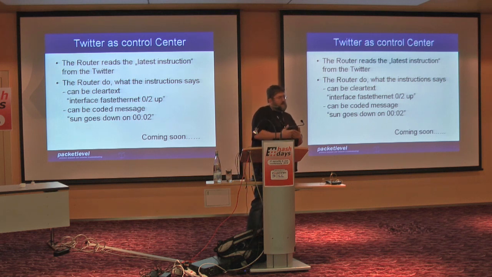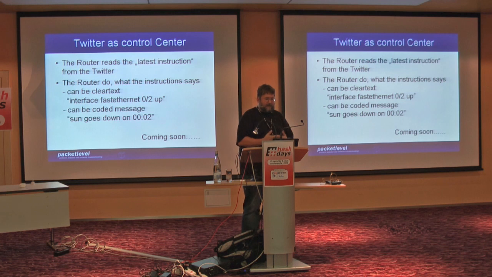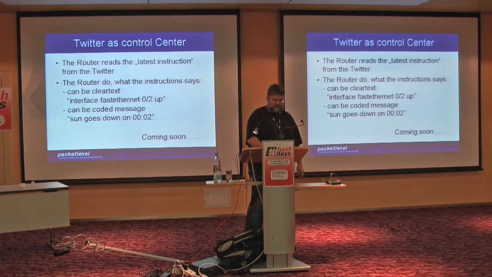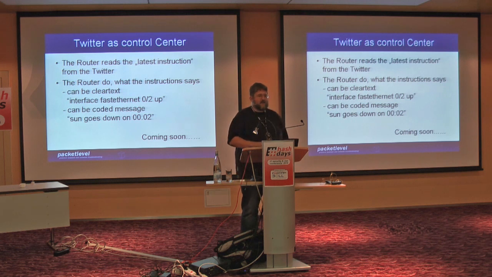Maybe it's not very useful if you do this in clear text, because other people can write on your Twitter lines. Then you can encode these messages, like "sun goes down at some time." Then you have to find out what this means. I'm currently writing this code. It's a little bit buggy, but it works.